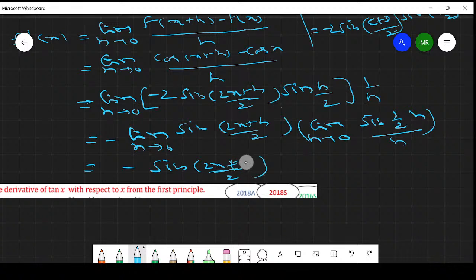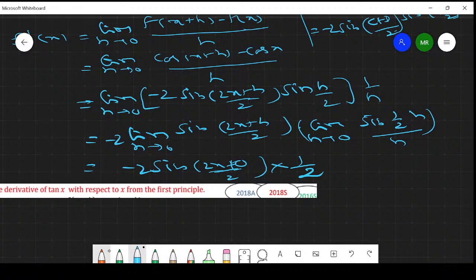Here we have minus 2, I forgot, you write minus 2 outside here. This is minus 2 into this value. You know limit theta tends to 0 sin theta by theta is 1. This value will be 1 by 2.